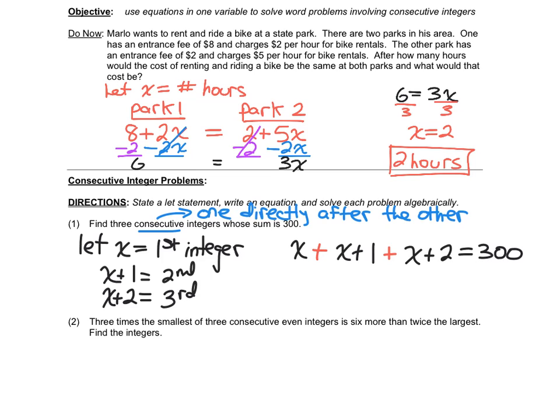All right, so combine your like terms. I get 3x plus 3. Equals 300. So I'm going to subtract off the 3.